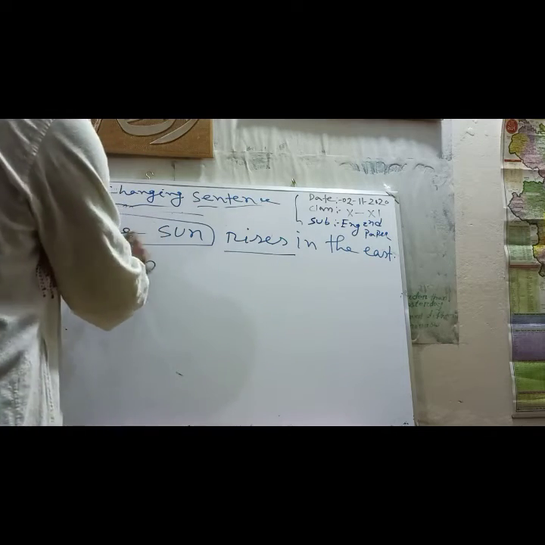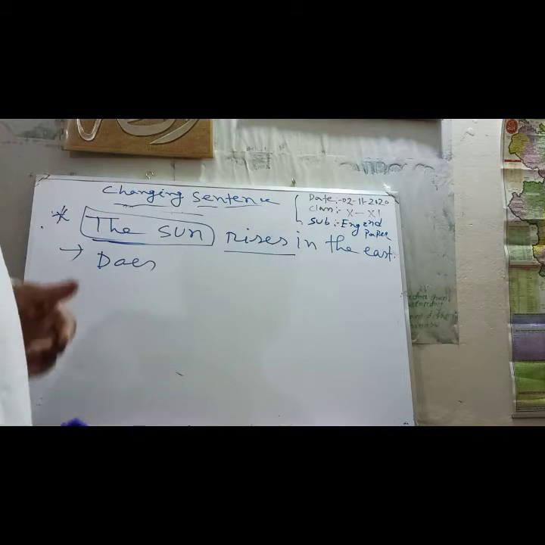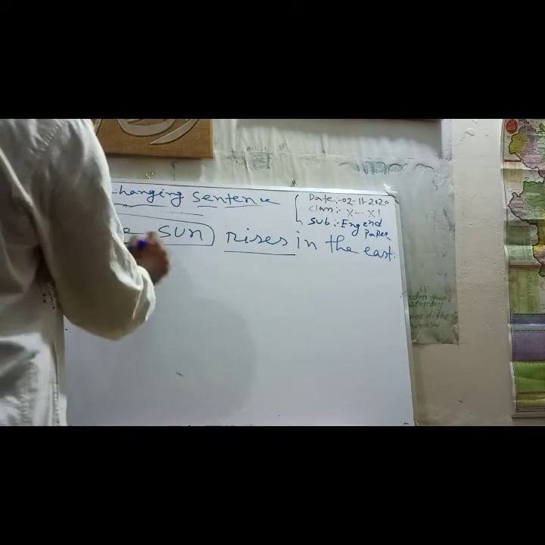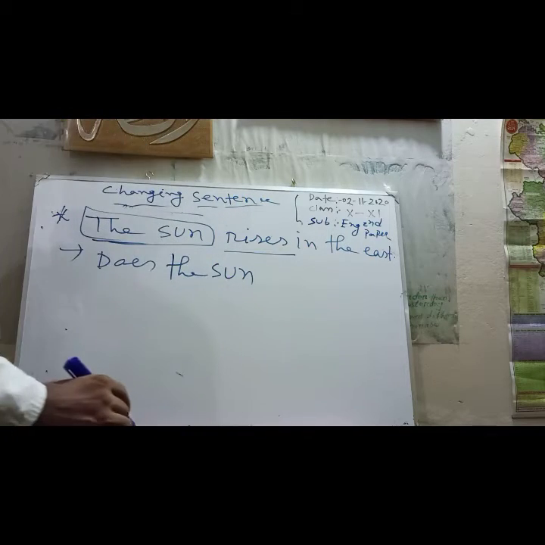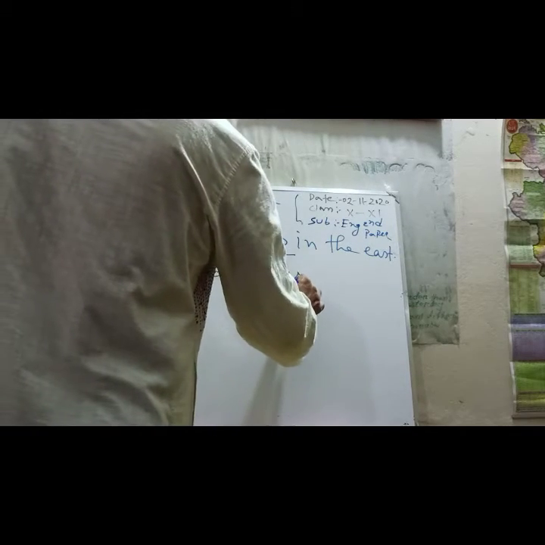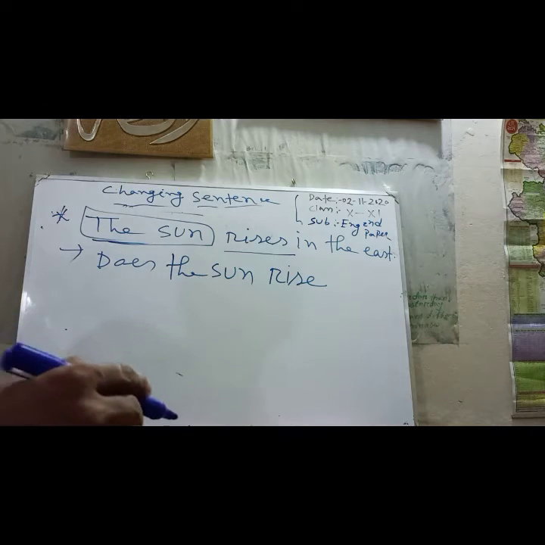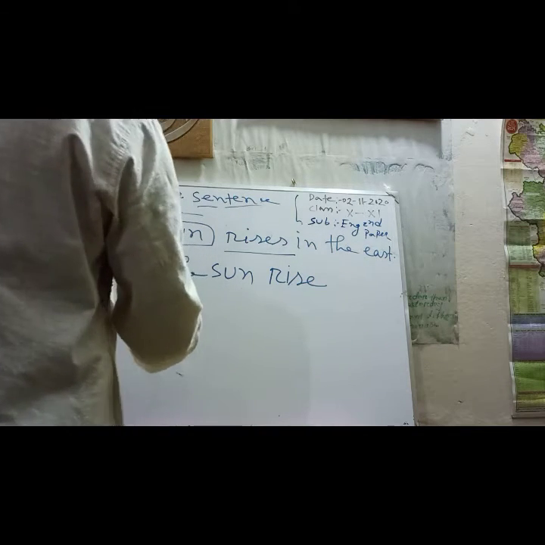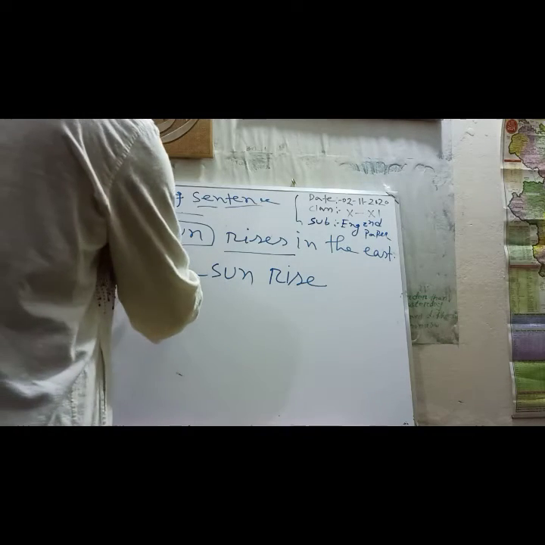As the subject is third person singular, for this reason we use does as an auxiliary verb, and then the subject, the sun, and then the main verb. Sorry, after does we use not.